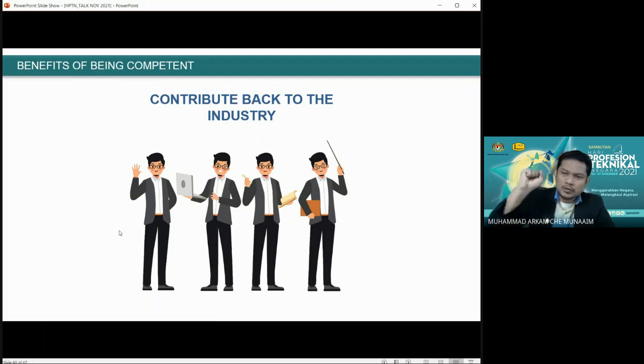Not only to work on site, but you also need to contribute in the way that you can. For myself, for example, I'm not working on site anymore, but we are still working to train the site people. We are still working to design the site works. I'm a consultant by profession as well. So that is the contribution that I can make.